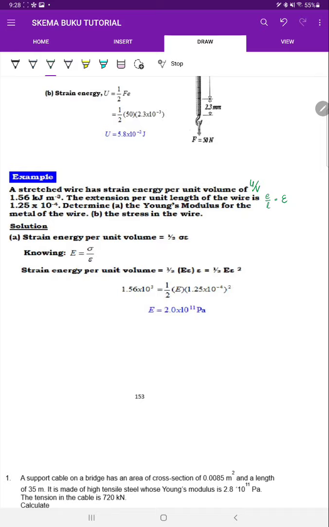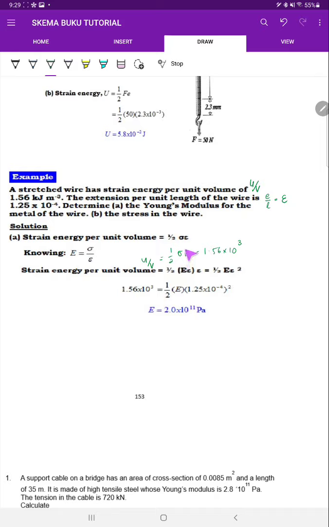Okay, kita tahu strain energy per unit volume U per V sama juga dengan half stress darab strain. Okay, sama dengan nilai dia 1.56 darab 10 kuasa 3 joule. Kan? Okay.